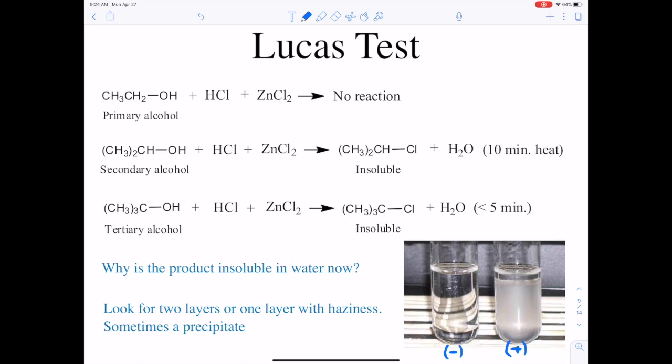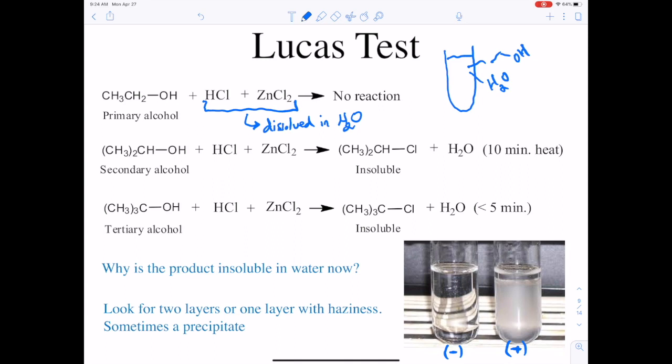When you look at the negative test, it looks just like one layer and it's transparent. So you might have, say, a primary alcohol and there's water. Where's the water from? Well, the hydrochloric acid and the zinc chloride are dissolved in water.